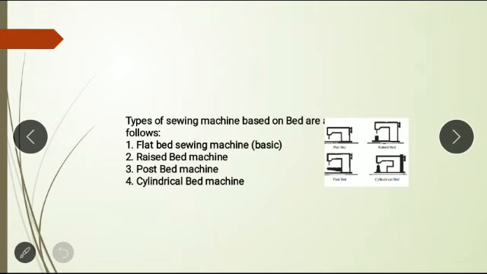Flat bed sewing machines are usually used for simple fabrics. Cylindrical bed machines are used for different textiles for different designing. When we visit industries or work in the practical lab, you will come to know how they are used.